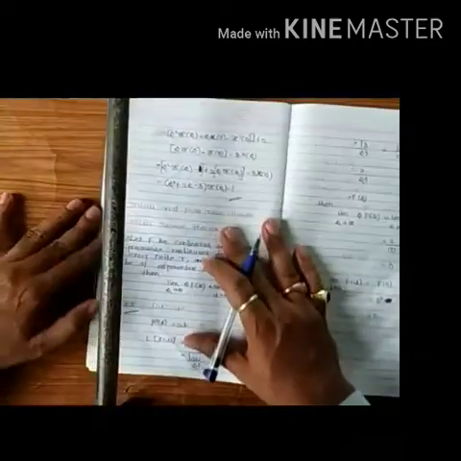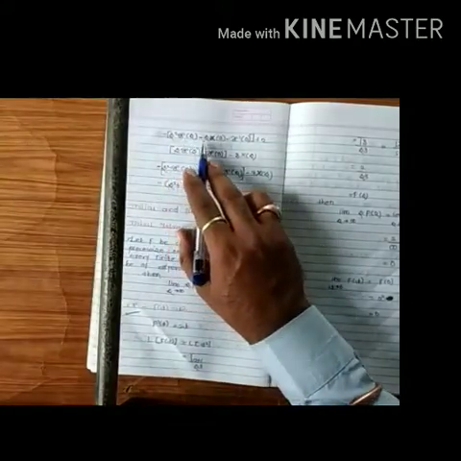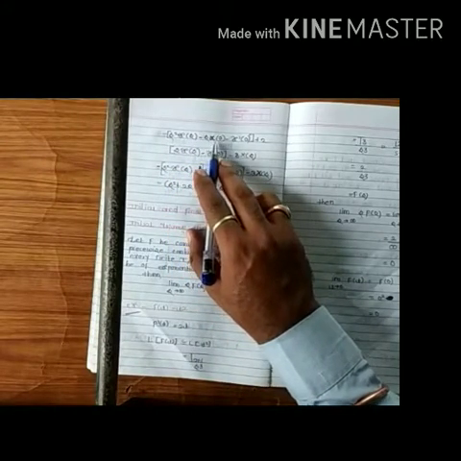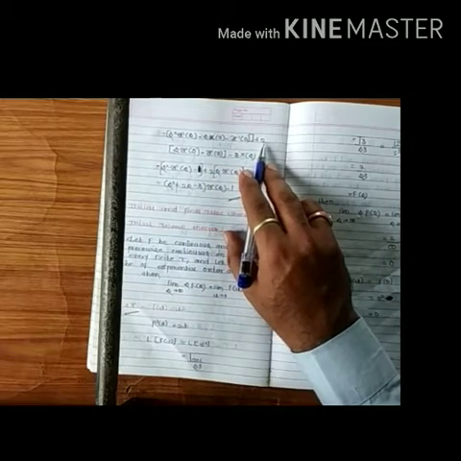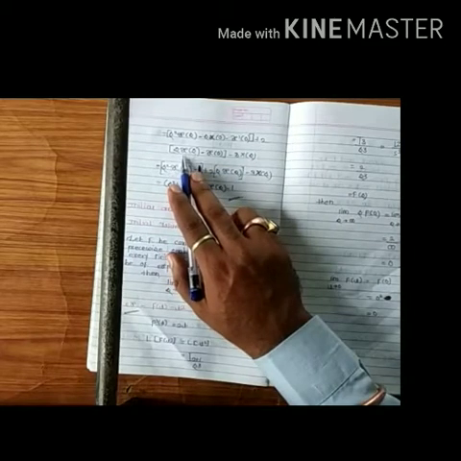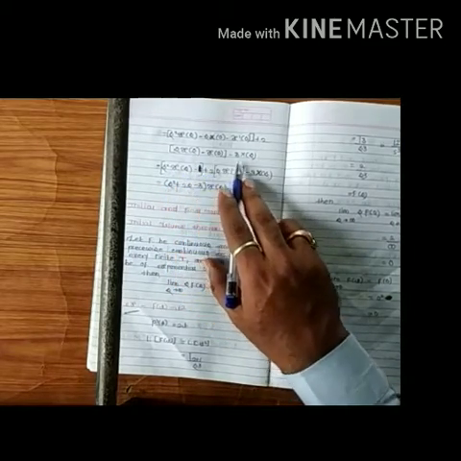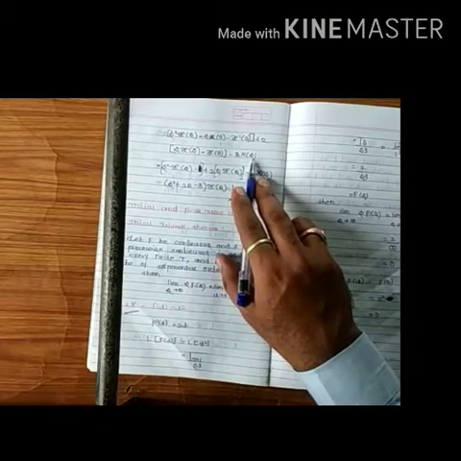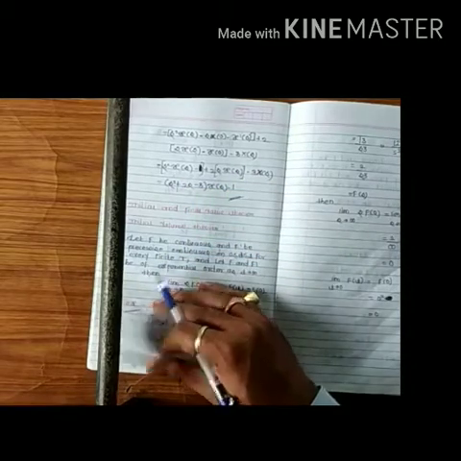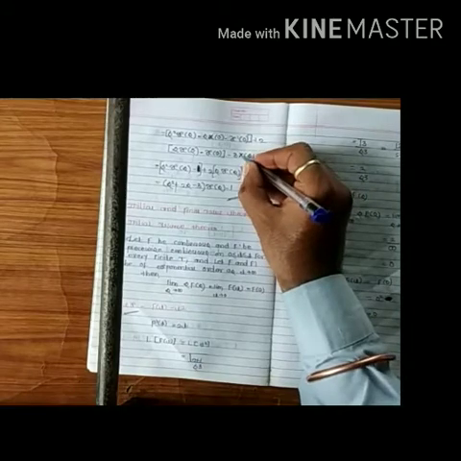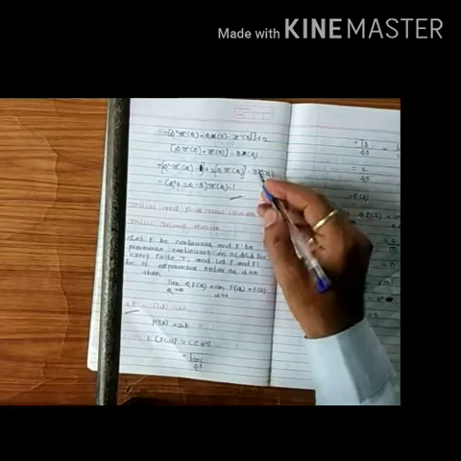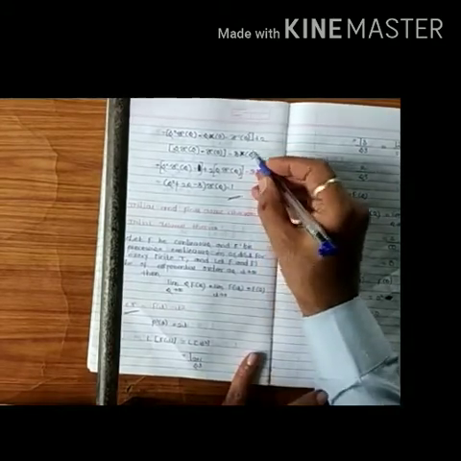By the definition, s square X s minus s x 0 minus x dash 0, similarly plus 2 s X s minus x 0, minus 3 X s, because the Laplace transformation of x t is X s.